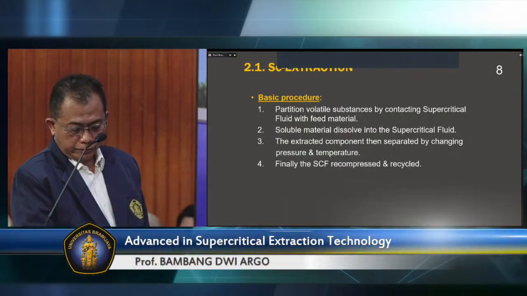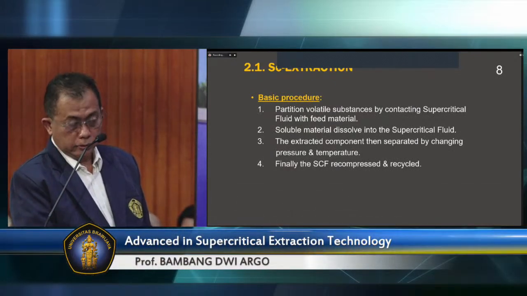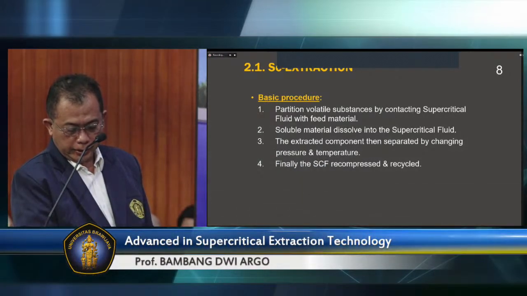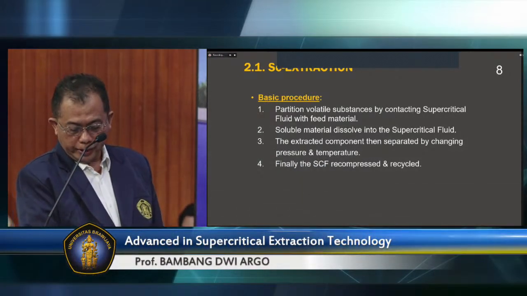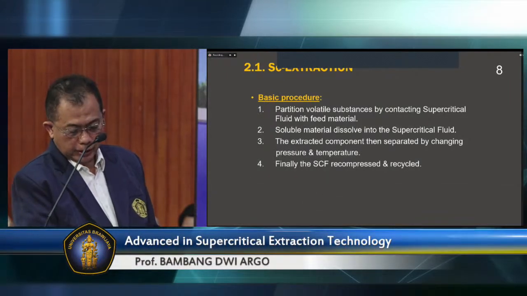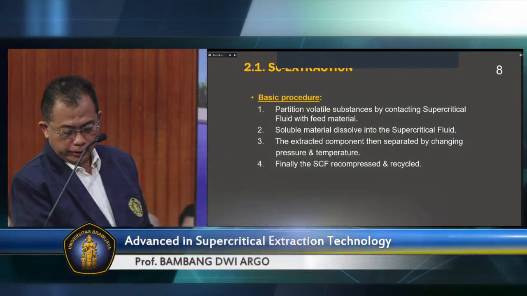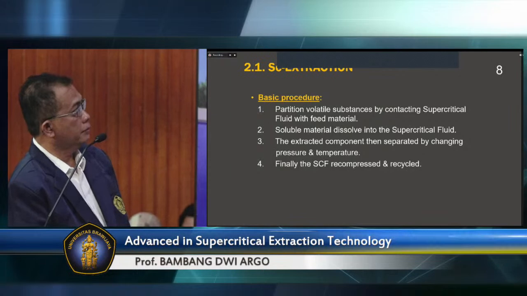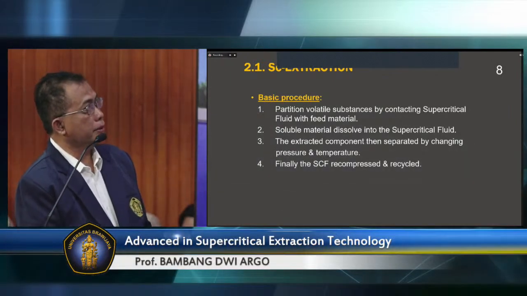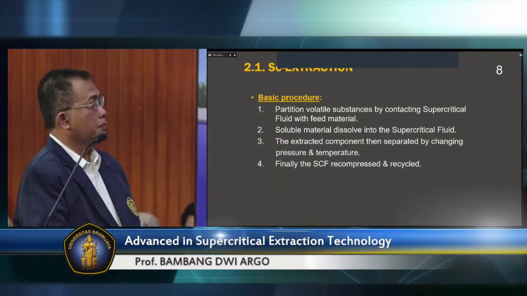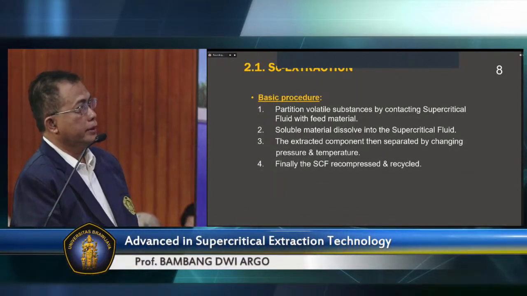From the supercritical fluid properties, we can use it to extract certain components from the product, especially biomass product. The basic procedure for extraction with supercritical fluid is as follows. The first is the partition of volatile substance by contacting supercritical fluid with fixed material. Second, soluble material dissolved into the supercritical fluid.